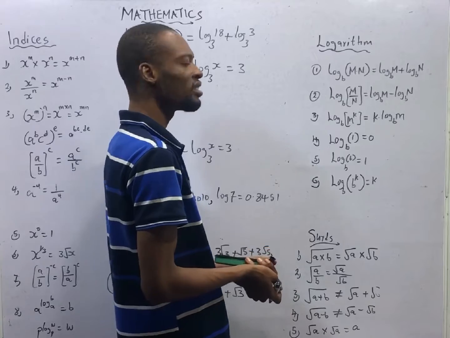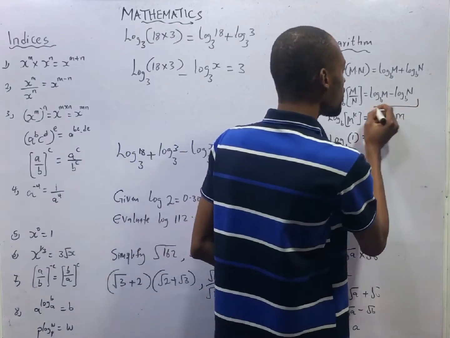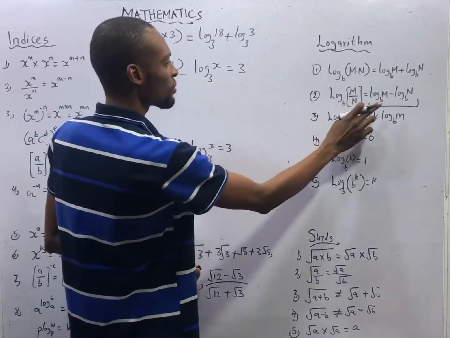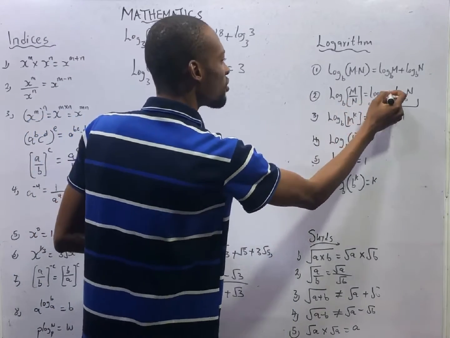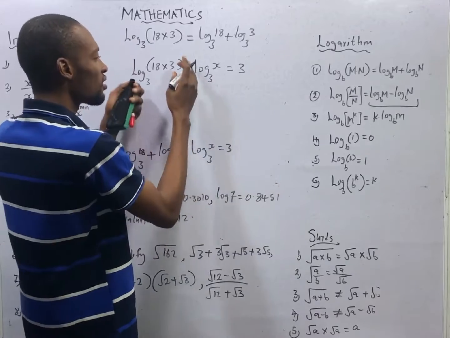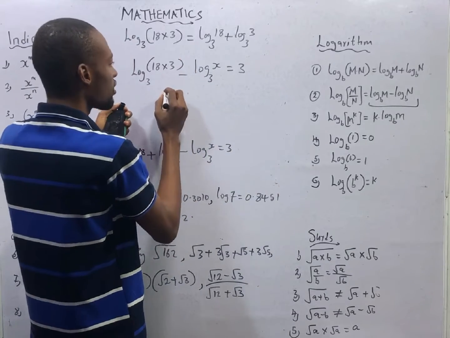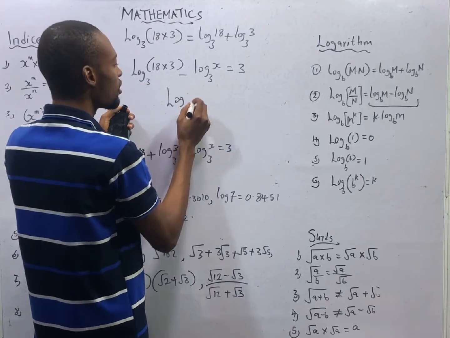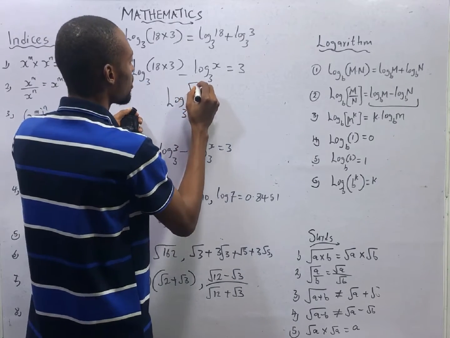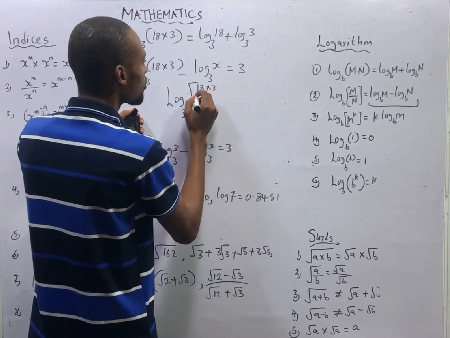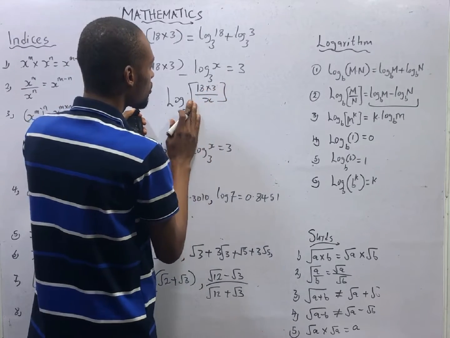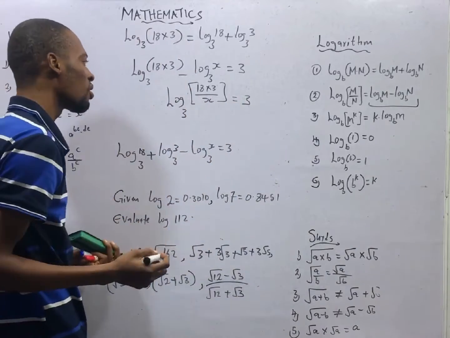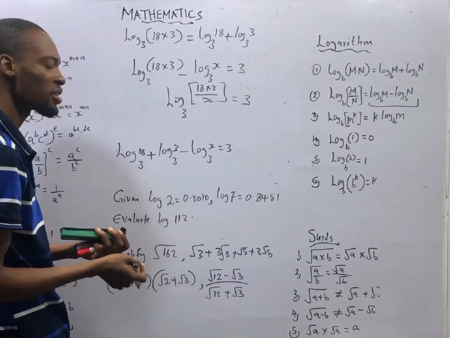From the law of subtraction, it says if the bases are the same and two numbers are separated by minus, you can divide. It is simply log to base 3, which is one of the bases, then the powers, 18 times 3 over s. So this is equals 3. That is the law of logarithm, subtraction law.